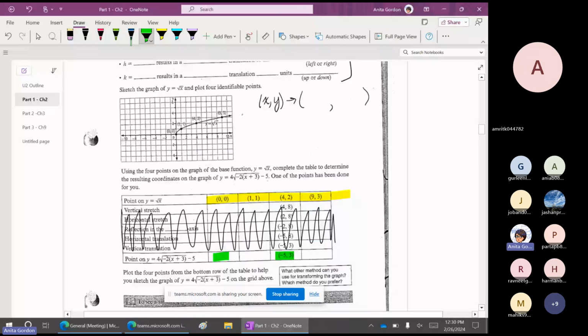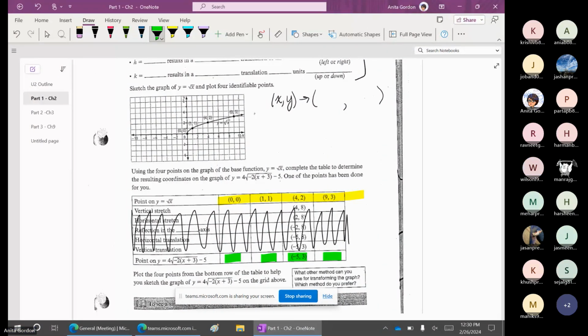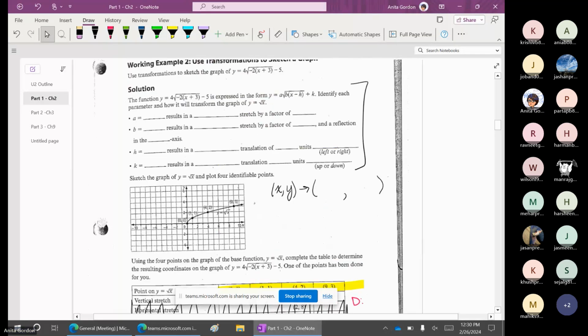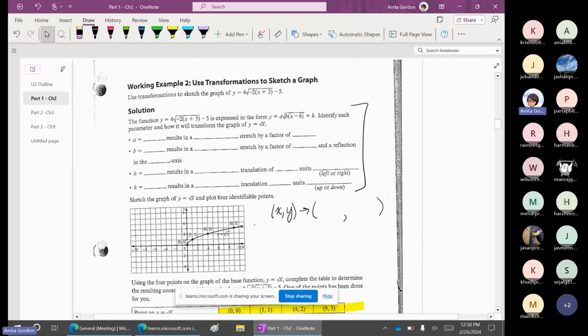So tell me what these coordinates are with this new transformation. And also, can you tell me domain and range? So take a moment. Don't look at your screen. Work together. Write it out.